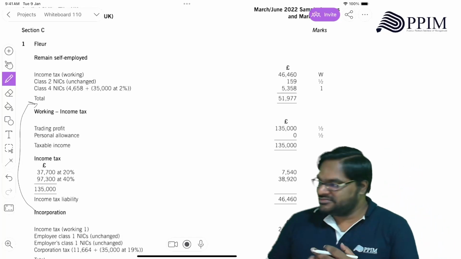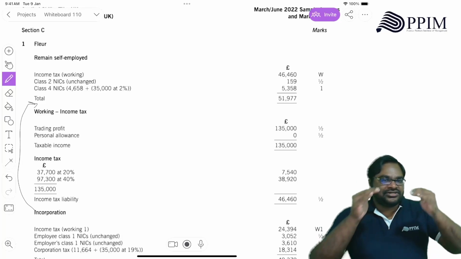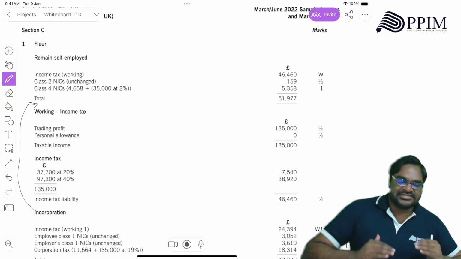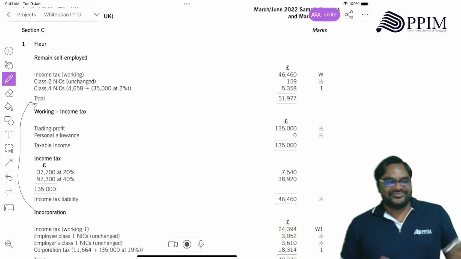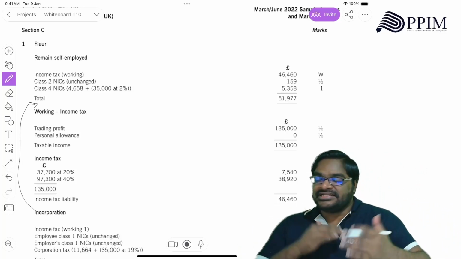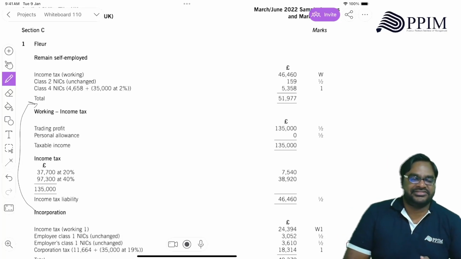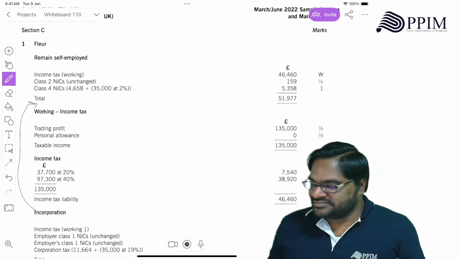I suggest all the workings to be at the bottom because then it will be a more professional and nice answer. Let's try to present it in a proper way where we can score marks for the presentation as well. Are we okay?